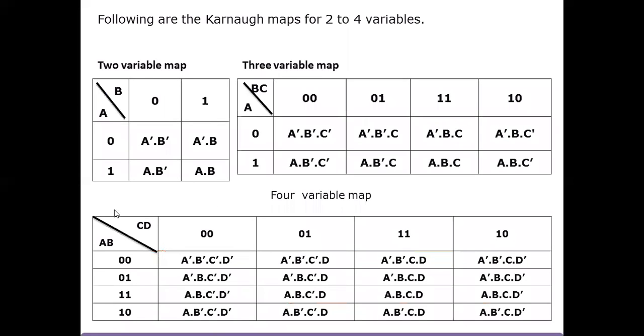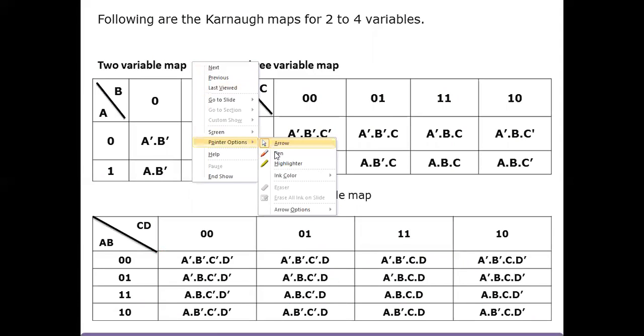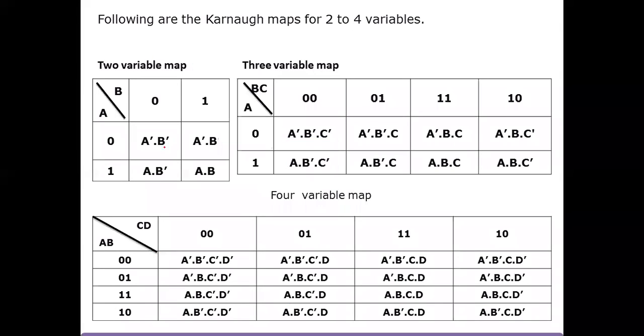Here, this is a two variable map. You can see the variables A and B. You have to put the possible values for A and B like this, 0 and 1, and 0 and 1. In a two variable map, each and every cell corresponds to a min term. This is the min term corresponding to these two values.